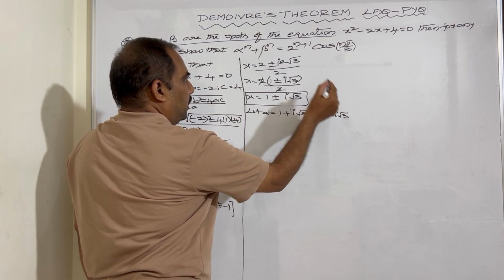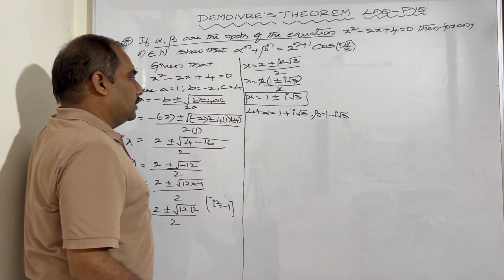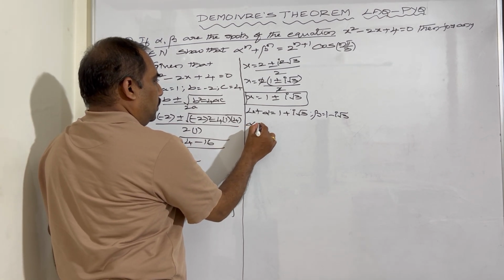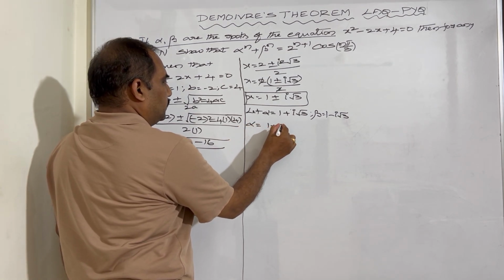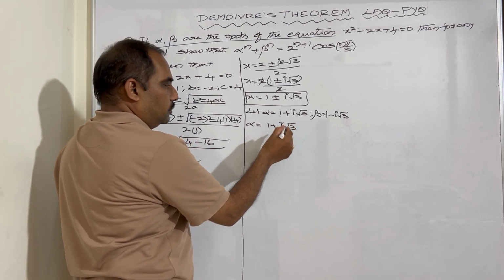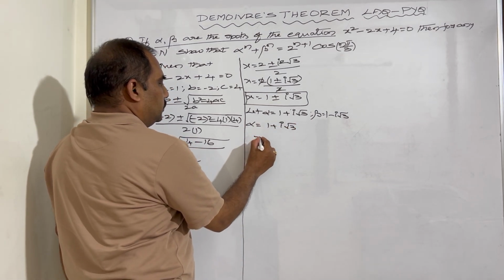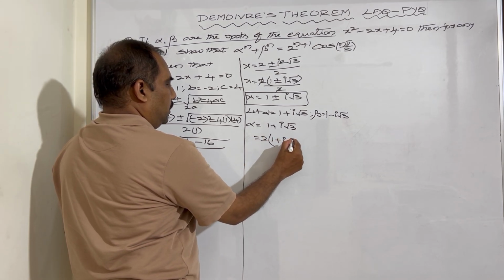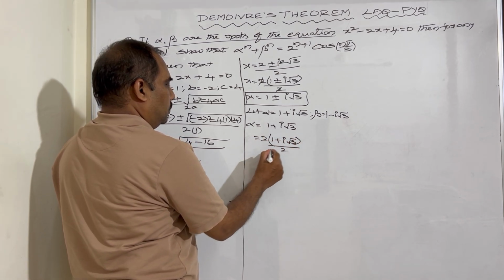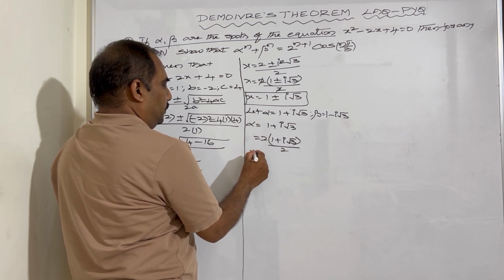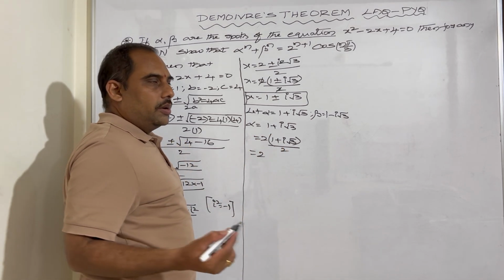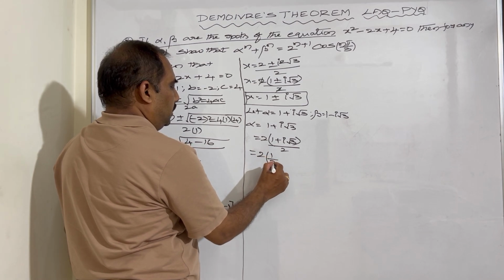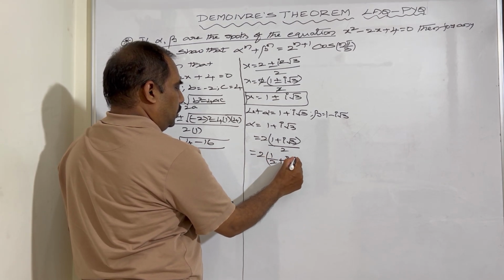Suppose if you take like this, now considering alpha is equal to 1 plus i root 3. Now simplifying, multiplying and dividing by 2, 1 plus i root 3 whole by 2. If you split the denominator, then we get 1 by 2 plus i into root 3 by 2.